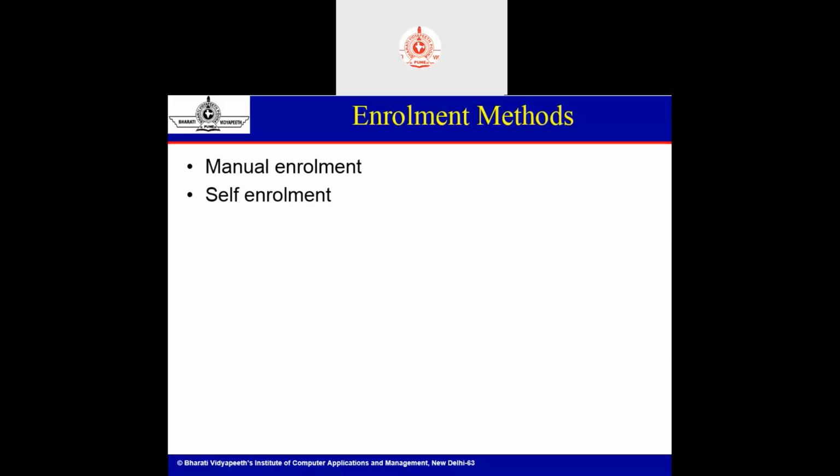And in self enrollment, I can also fix the size. In manual enrollment, the whole control is mine, as to how many students I enroll in my course. In self enrollment, that is also part of my course settings, where I can fix how many users can be enrolled in my course by self enrollment.